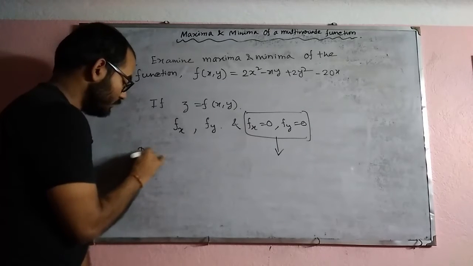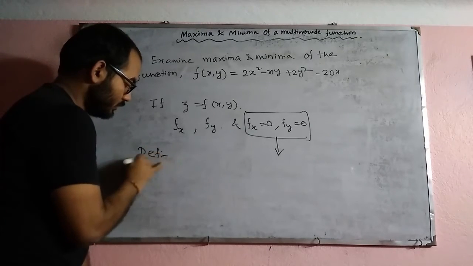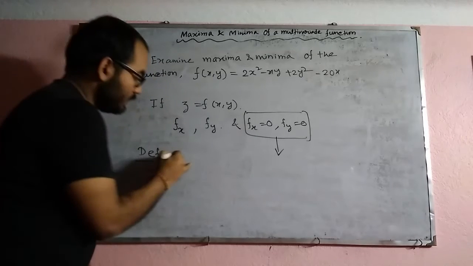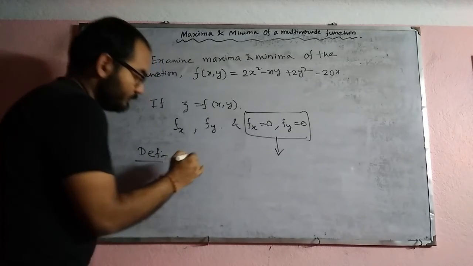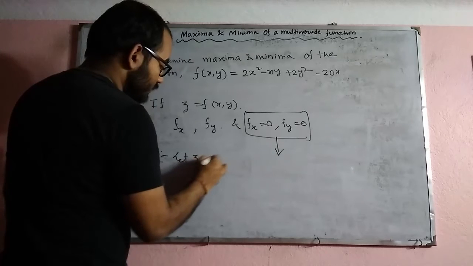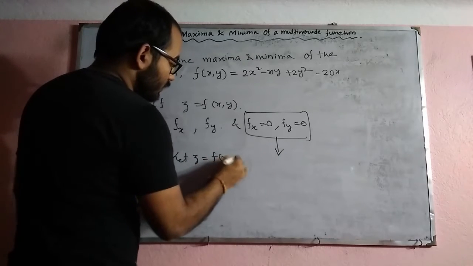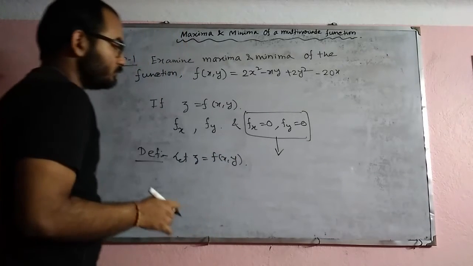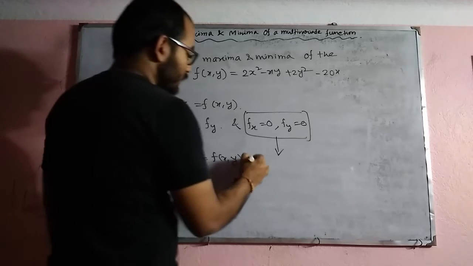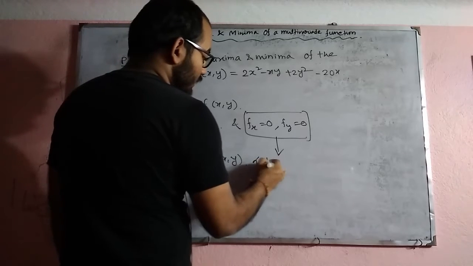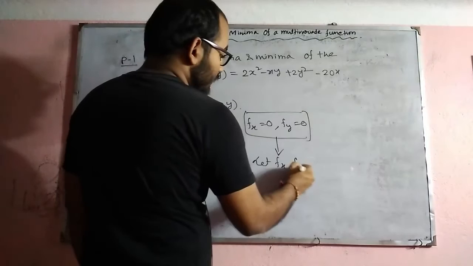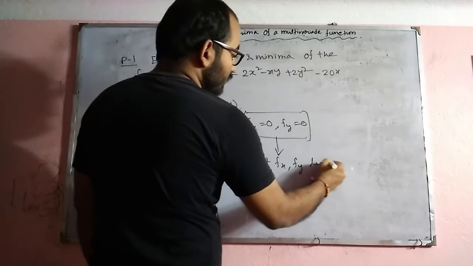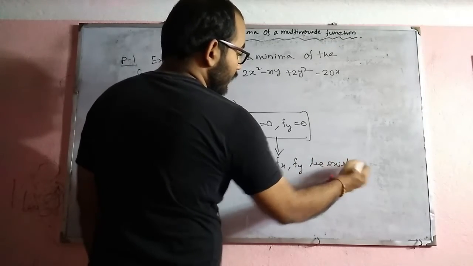So, definition: let z is equal to f of (x, y), for example, let fx and fy exist.